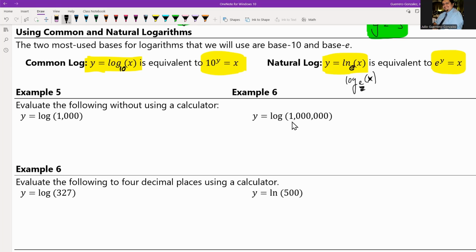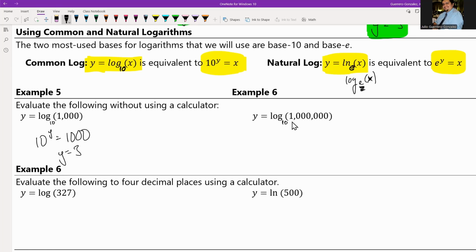So now, how to do these without using a calculator? Again, I can assume that that's a 10. So then 10 to the y is equal to 1,000. If you think it through, 10 times 10 is 100, times another 10 is 1,000. So y has to be equal to 3.